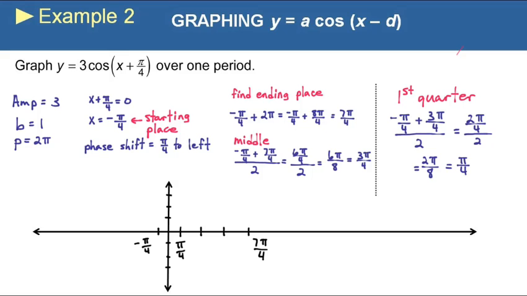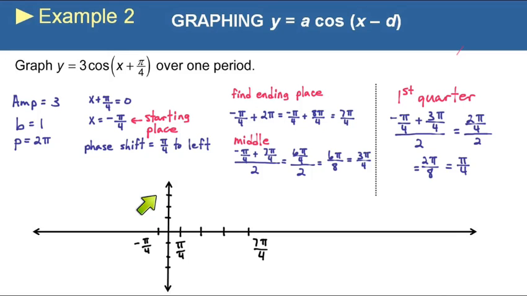So let's go ahead and lay our 3 marks along the y-axis, and we know that cosine goes high, middle, low, middle, high. So I'll put my first mark right here. See, it's not starting on the axis this time, it's phase shifted. So it's starting here, but it's going to start high.